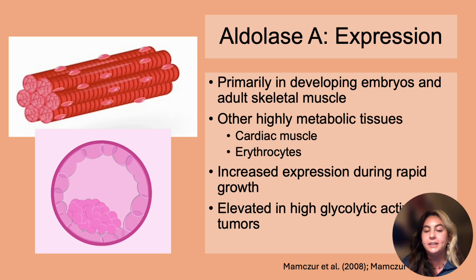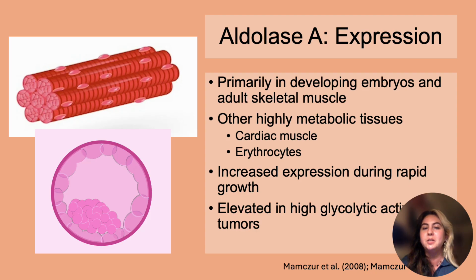It can be seen in other highly metabolic tissues, such as the cardiac muscle and the erythrocytes, which are red blood cells, but it can also be seen in areas like the brain and nervous system, and it might even be seen at levels that are roughly equal with aldolase C, which is the brain-specific isoform, which we'll see a little bit later. And it can be found in some other tissues also at lower levels, but for the most part, it's going to be predominantly in developing embryos and skeletal muscles.